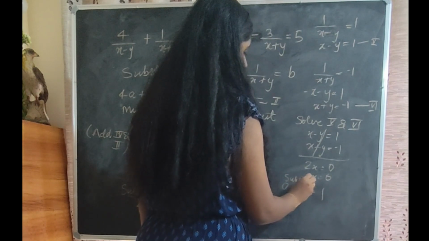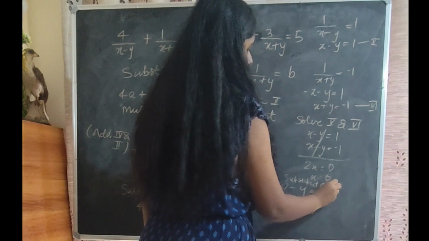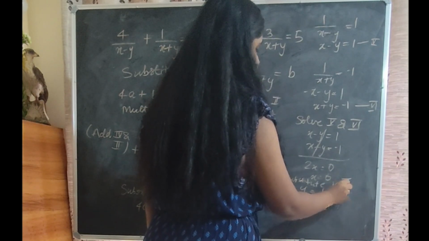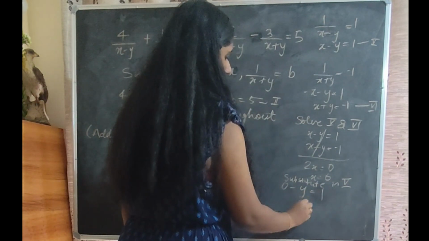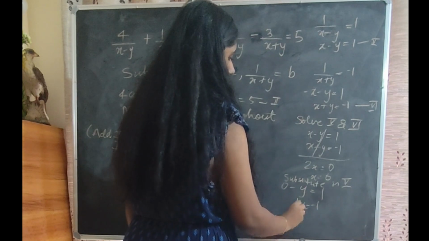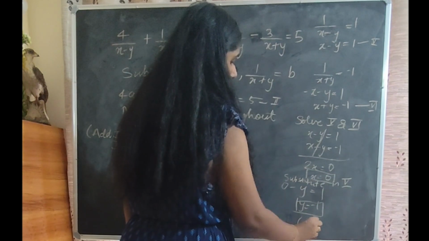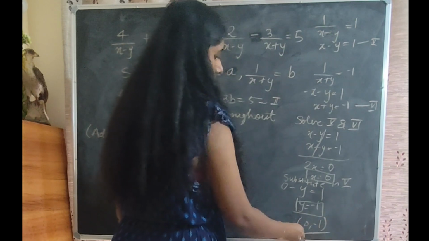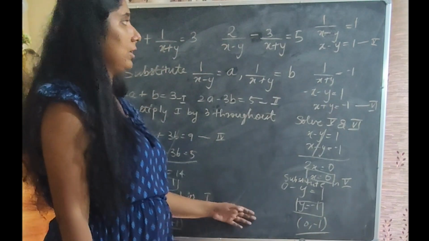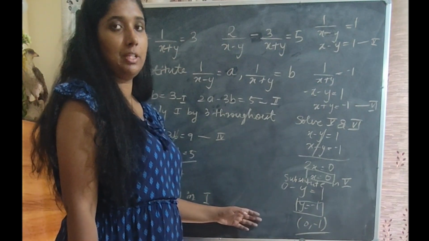Substitute in 5, 0 minus y is minus 1. y is minus 1. So this is the solution, 0 comma minus 1. This is the solution of the two equations. Please note this down.